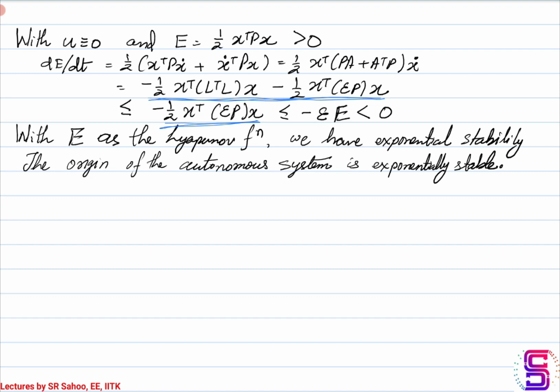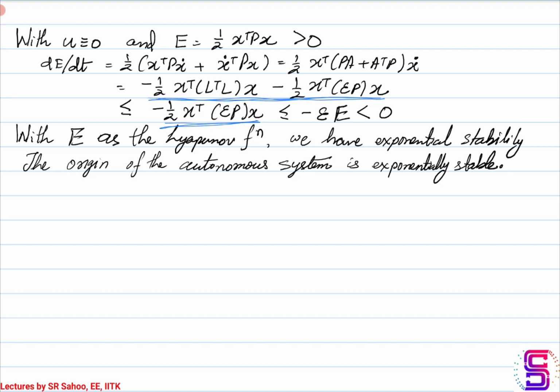Now we already know that E is nothing but half x transpose P x. So what we have is E dot less than or equal to minus epsilon E. And this minus epsilon E is negative definite because E is positive definite. Hence E dot is negative definite, and the origin of the autonomous system is going to be asymptotically stable.